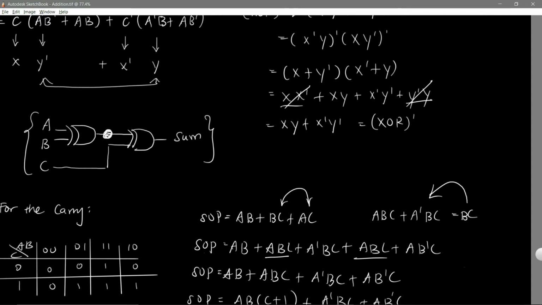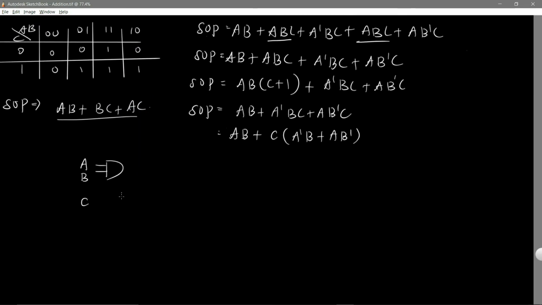This is the part we want to take from here. So you can just take it here and put it together with C. So this is another AND gate. This is A exclusive OR B.